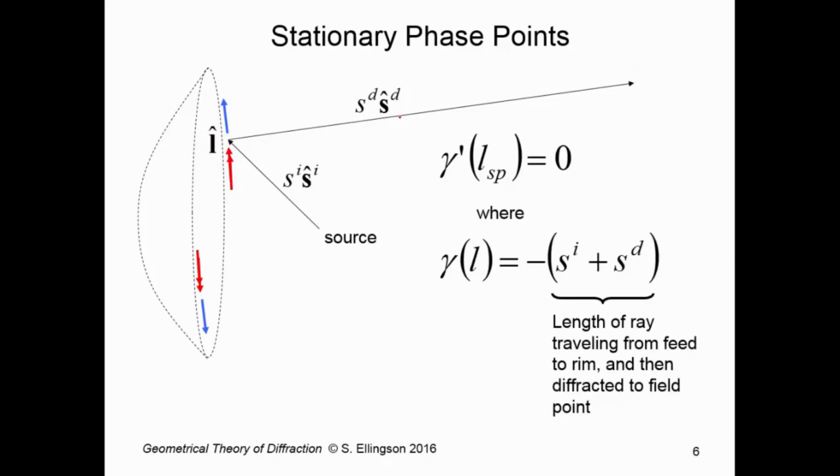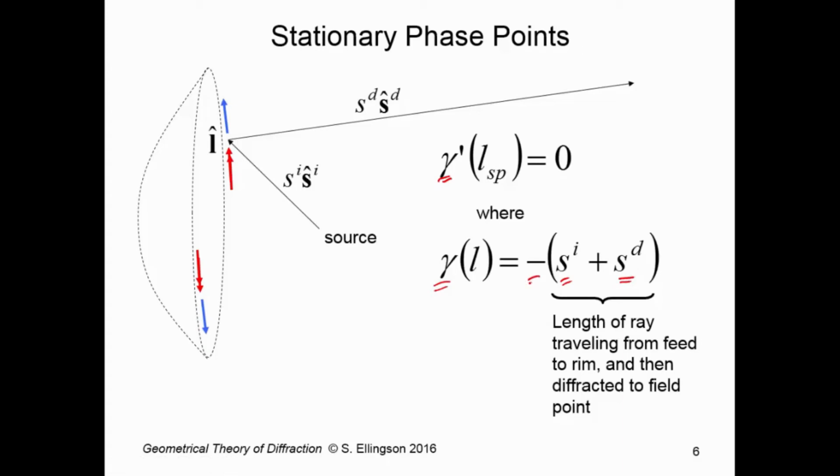Now the stationary phase points can be determined in the following way. We have this function gamma, which is a path length parameter. In fact, here it is right here. Gamma is equal to the sum of S super I, the distance from the source to the rim, and S super D, the distance from the rim to the field point.